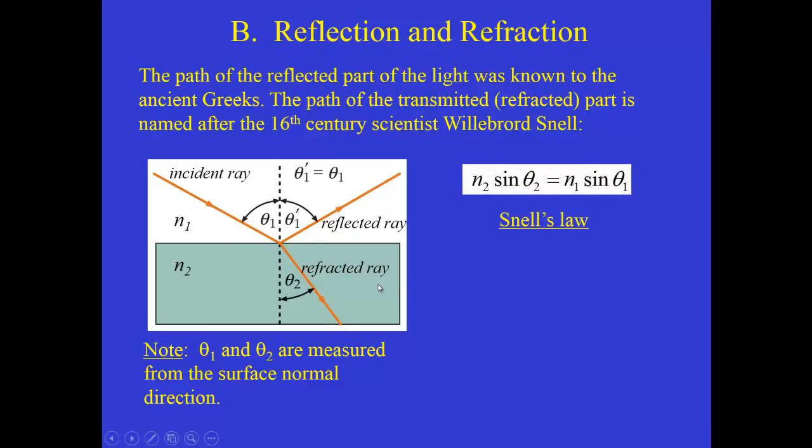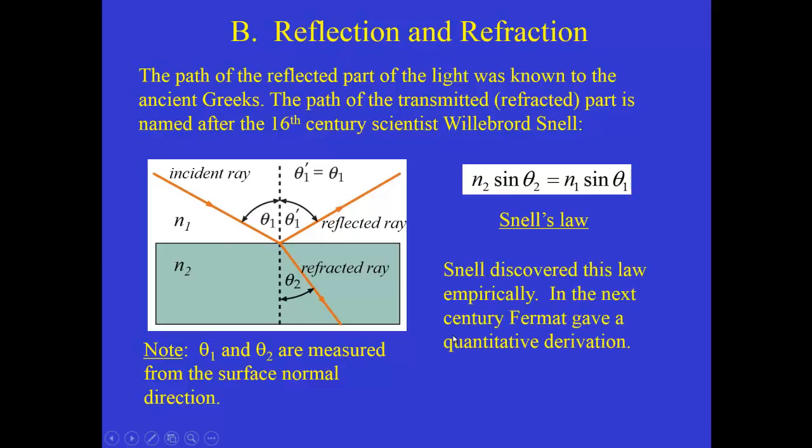And Snell's law tells us, and we can verify this experimentally, that the product of the index of refraction and the sine of the angle is the same on both sides of the interface. So n2 times the sine of theta 2 is equal to n1 times the sine of theta 1. And you can see in this example here, we must have a situation where n2 is greater than n1 because theta 2 is less than theta 1.